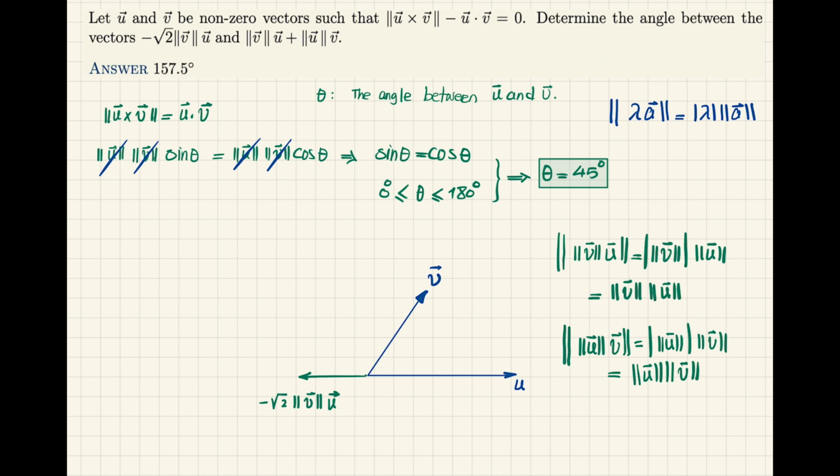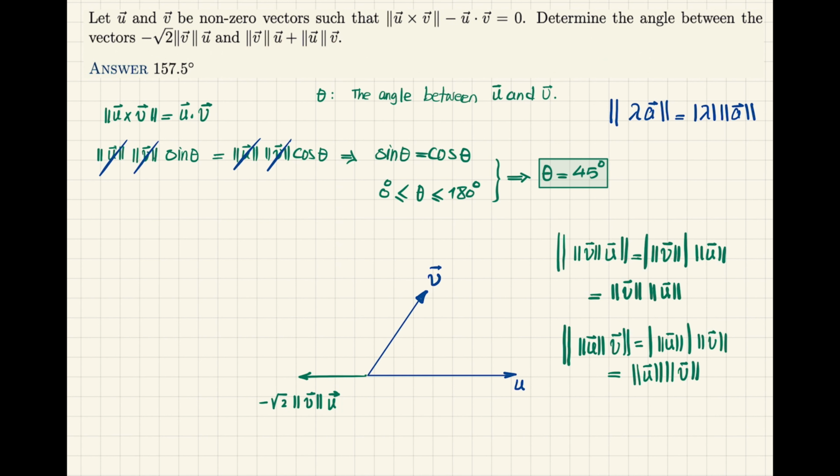Okay, now you can compare this one and that one. Norm of u and norm of v are numbers, so it doesn't matter if I multiply this number by that number or this number by that number. So it means that these two are the same. So what I realized is that these two vectors have the same length.